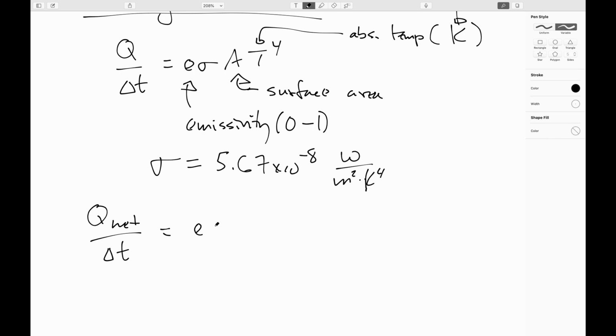It'd be the emissivity times sigma times A. But now the thing is, it's radiating heat out proportional to the fourth power of its temperature, but it's absorbing heat proportional to the fourth power of the ambient temperature. So this is the ambient temperature here, this T sub 0, or T naught as people usually say. Naught is British for 0, N-A-U-G-H-T.